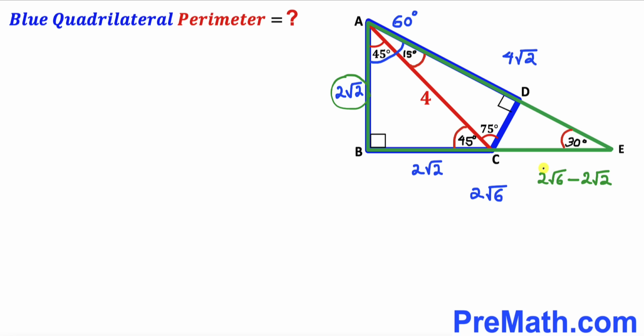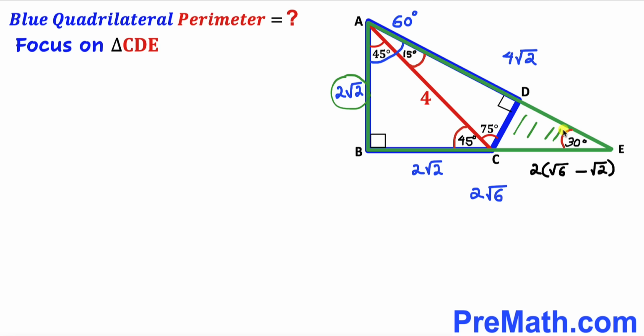And here we can get the factor 2. So 2 outside times the square root of 6 minus the square root of 2. So thus we figured out this CE segment length: 2 times the square root of 6 minus square root of 2. And now let's focus on this tiny right triangle CDE.